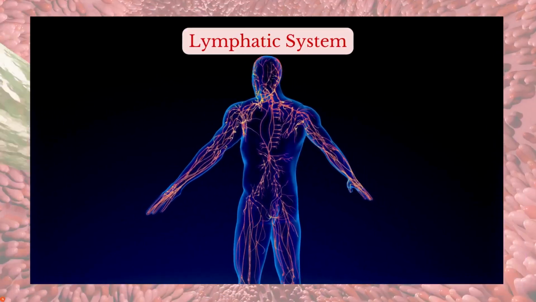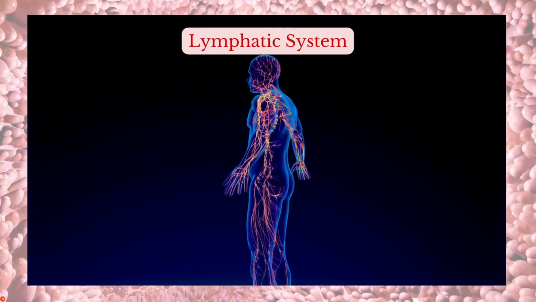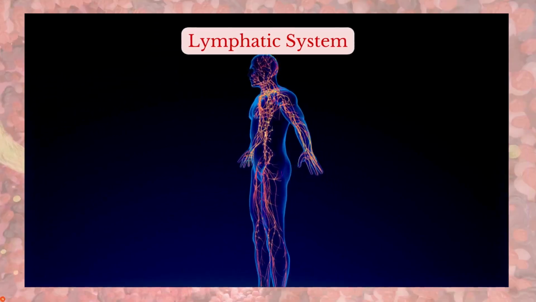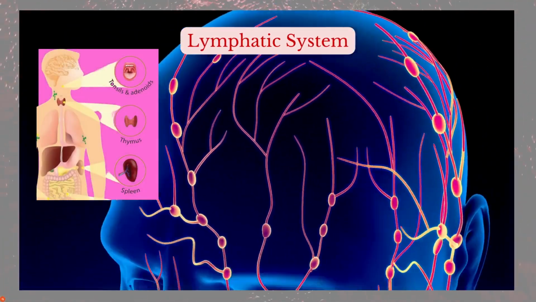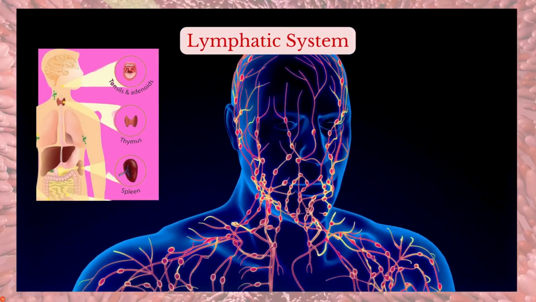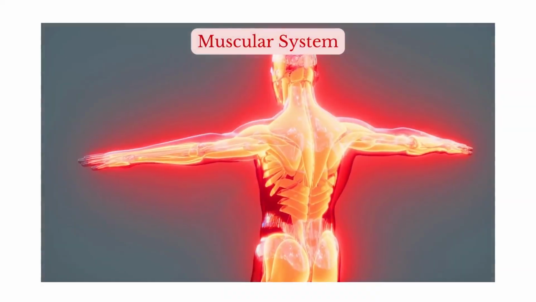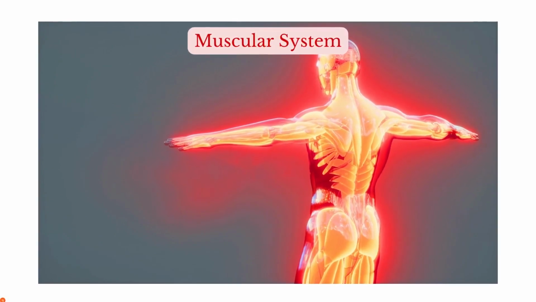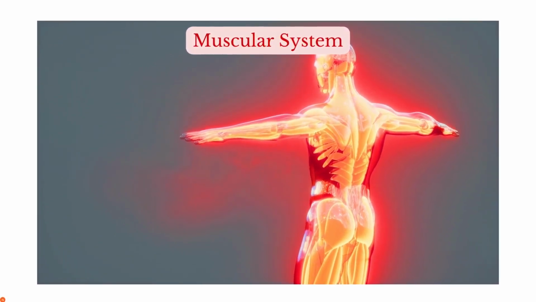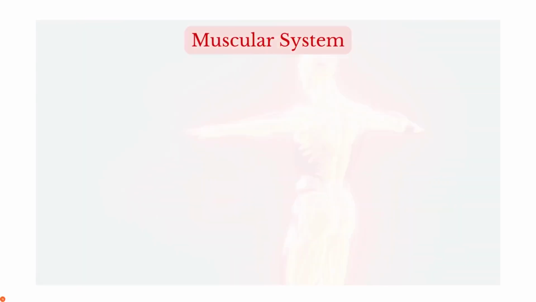It is responsible for producing and transporting lymph and is made up of lymph node, spleen, thymus, and tonsils. The muscular system covers, shapes, and supports the skeletal tissues, and it is responsible for body's movement.